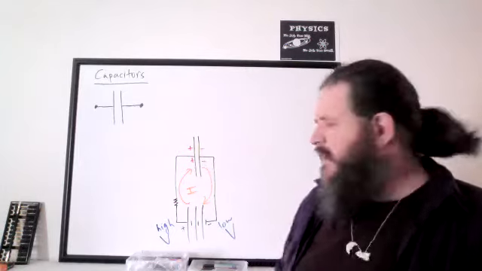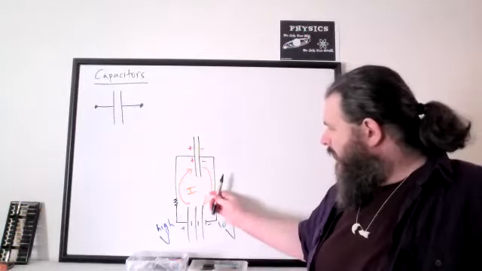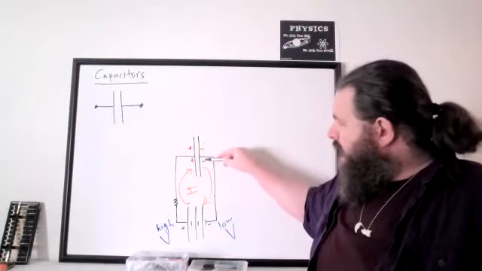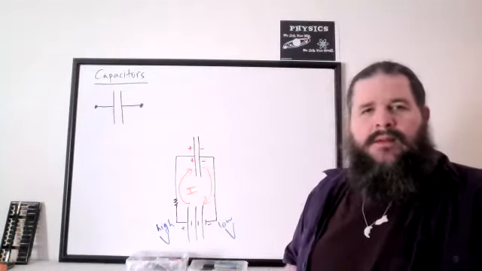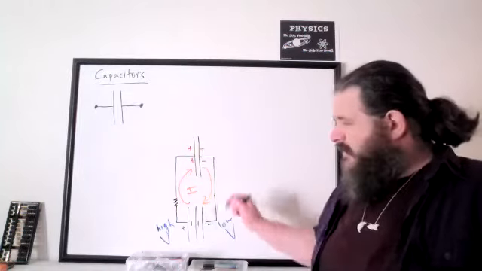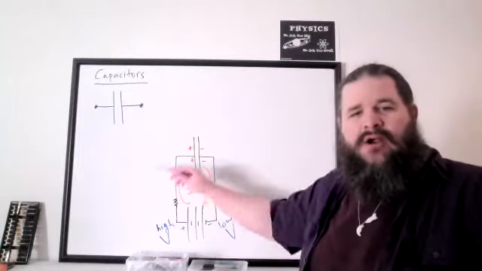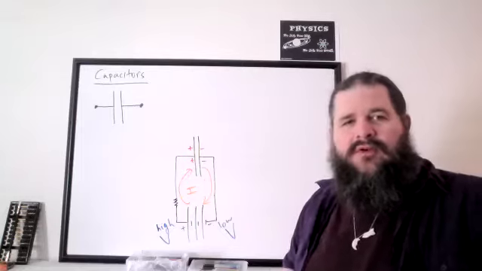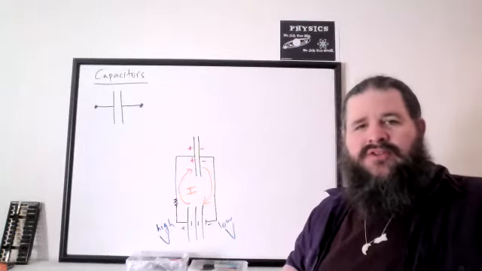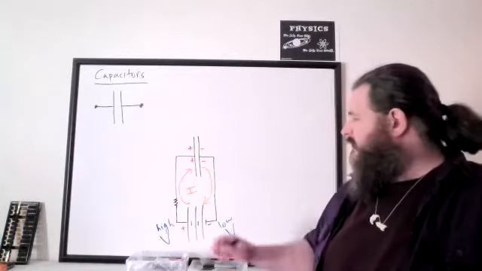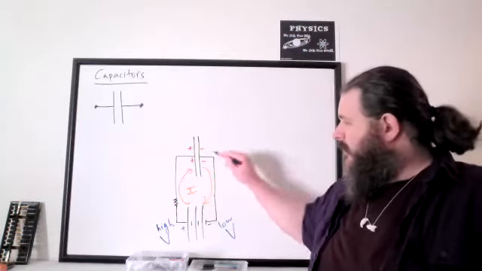And what's really happening here is electrons are moving this way. So you're getting extra electrons on this plate, and you're getting not enough electrons on the other plate. But motion of electrons in one direction can be thought of as motion of positive charge in the other direction. And current is defined as the flow of positive charge, even though it's actually the electrons that are moving. So we can just imagine this as positive charge flowing clockwise.